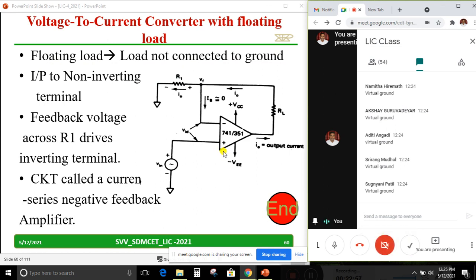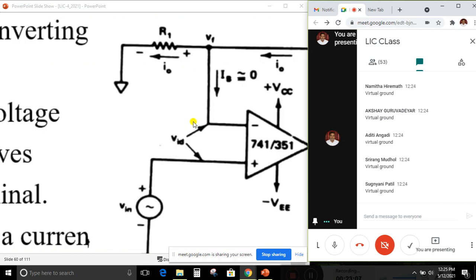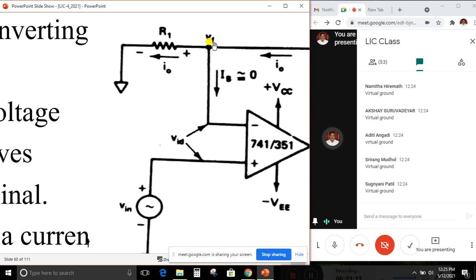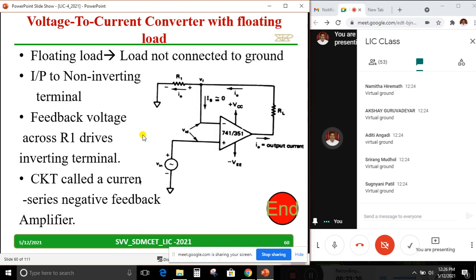Take another 2-3 seconds or 10 seconds to note down. Hope these are visible to people. This is R1, and VF, VID, IB, VCC, the I0 plus Vin, and plus and minus, plus VCC minus VEE. Hope all these are visible to you people. If something is not visible, let me show you with zooming. So let us go to the next.